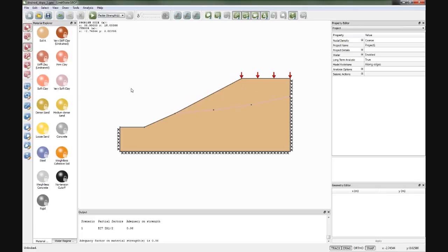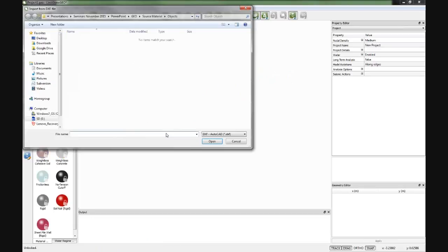Now, one issue that quite often comes up is if you've imported the geometry of your slope problem from a CAD file, and you can do that quite easily. We have an option which is basically File, Import Geometry, and you can import from DXF. I won't do that.